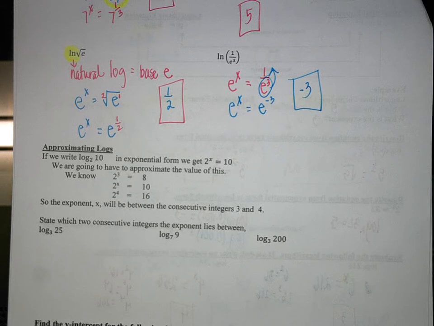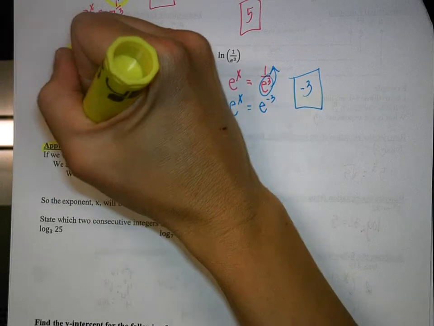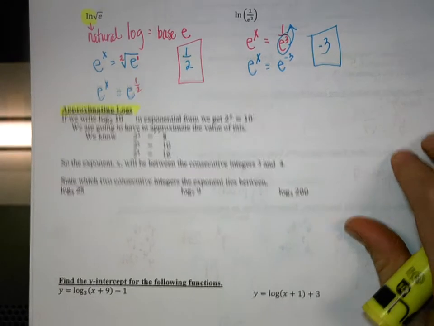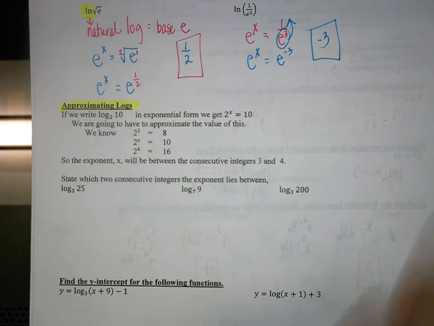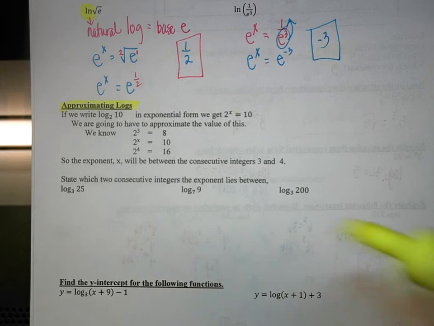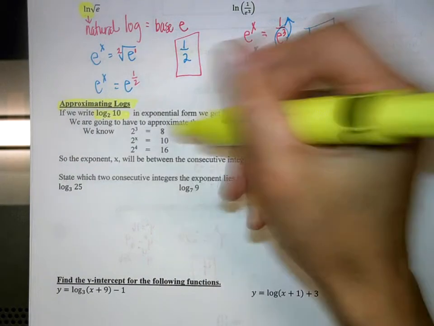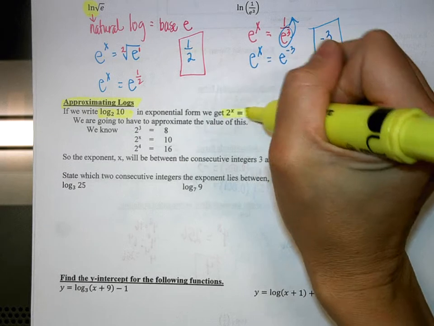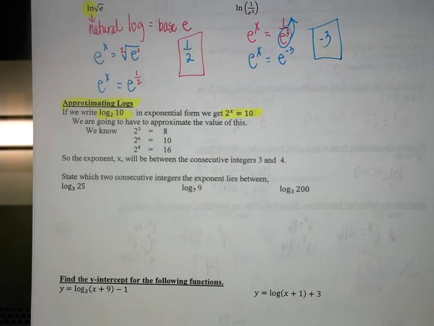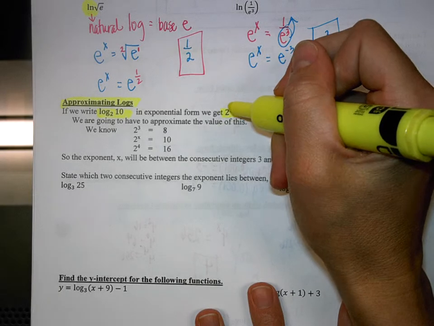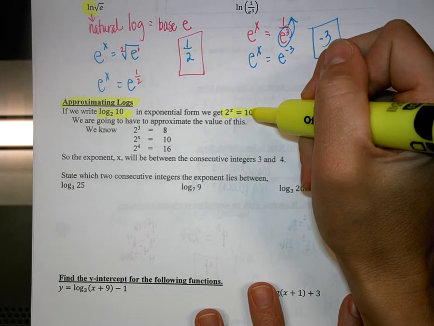Okay, so next we're going to talk about approximating logs. So if you look here, please focus, this part's important. If you were to rewrite log base 2 of 10 in exponential form, you would have 2 to the x equals 10. So can you think of a power that would end up making 10?